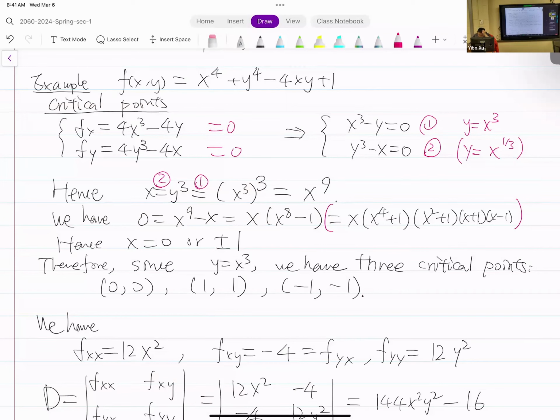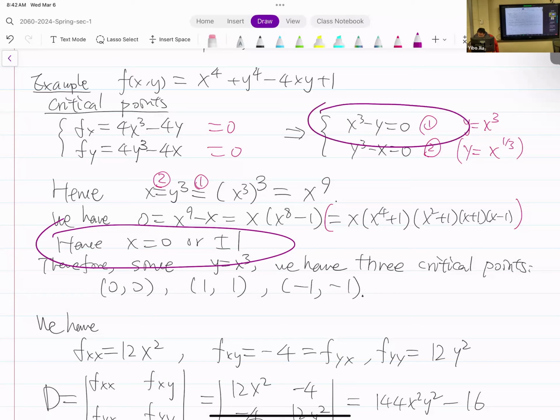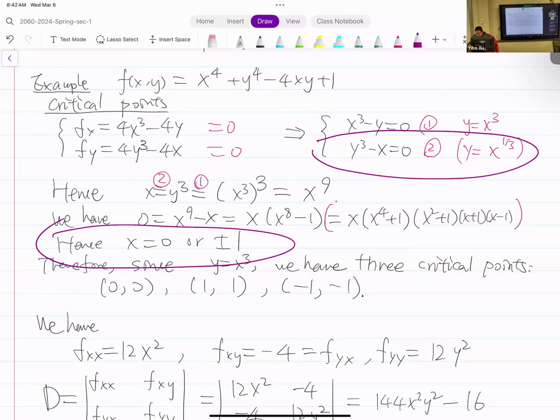Right. So here, once again, we are given the x value now at this step. X must be plus or minus 1 or 0, right? But still, we want the y value. So directly from equation 1, we know y must be x cubed. So that's the more straightforward way. Or if you use equation 2, that tells you y must be x to the 1/3, taking the third root.